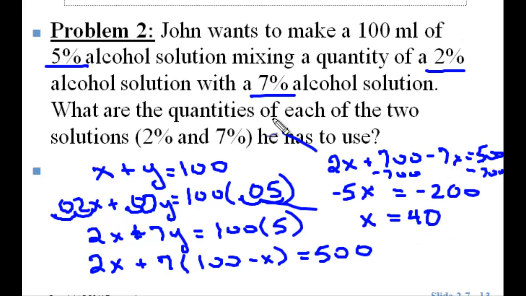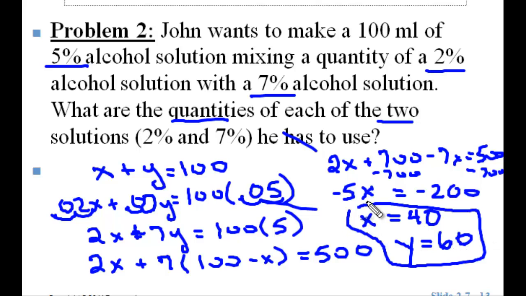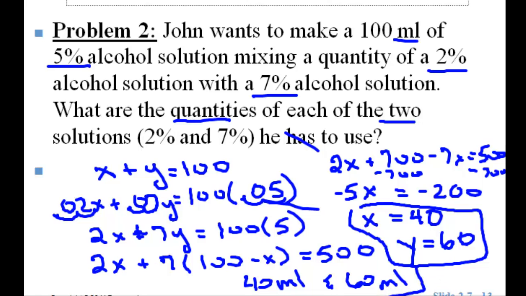And in this case, it's asking for what quantities of the two solutions. So x plus y is equal to 100. So x is 40, y would be 60. Again, looking for milliliters, so we'd want 40 milliliters and 60 milliliters.